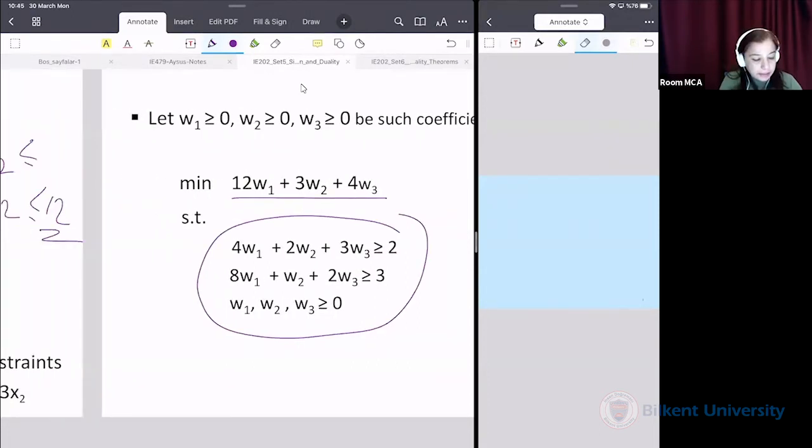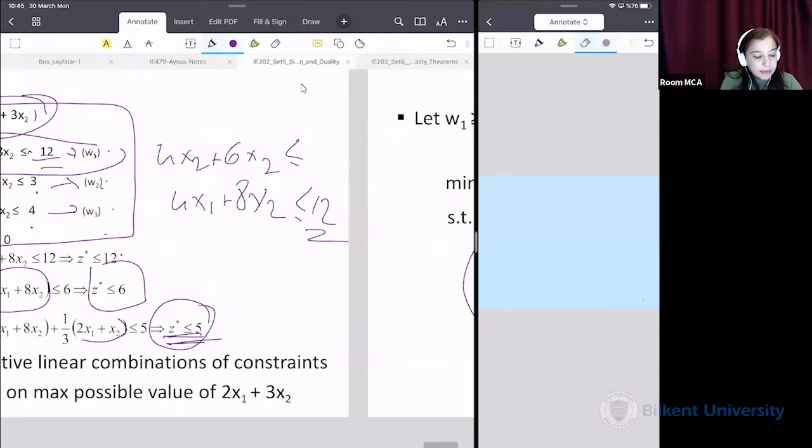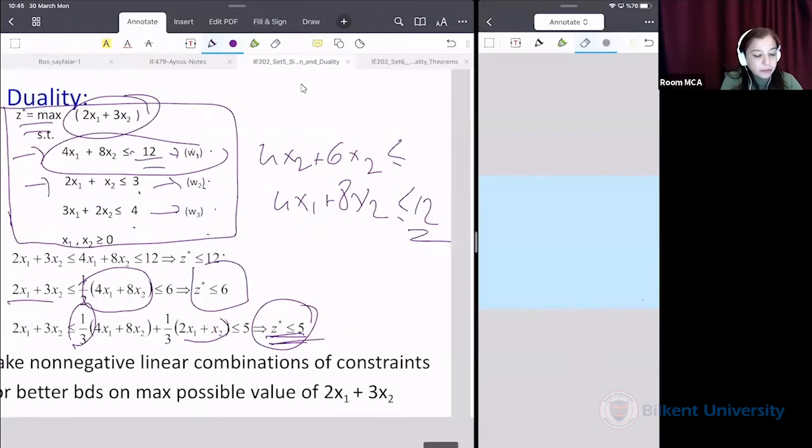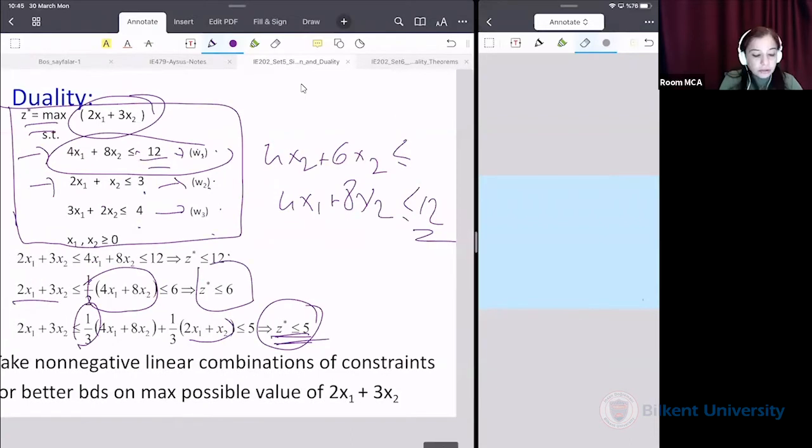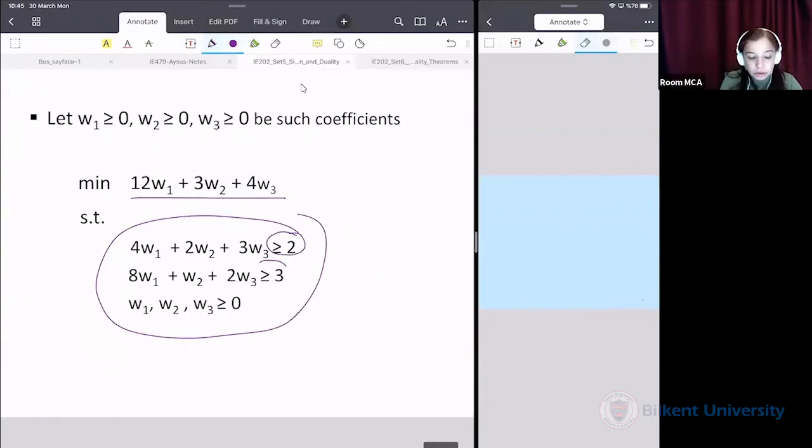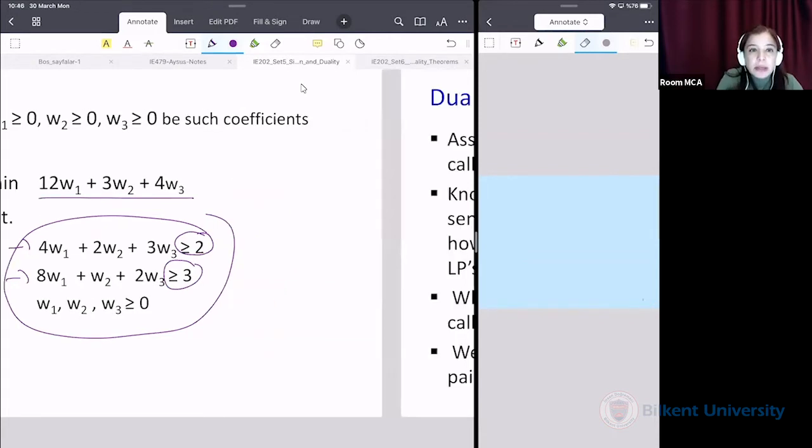These are the objective function coefficients of my original problem. As long as what I get from my constraints is larger than my objective function coefficients for this maximization problem, I can safely say that this is a bound. And that's all I'm doing.